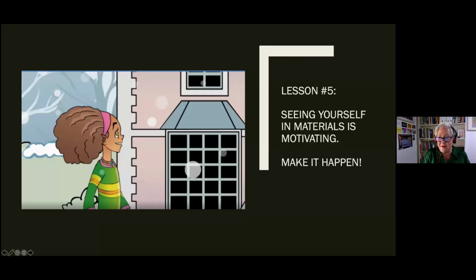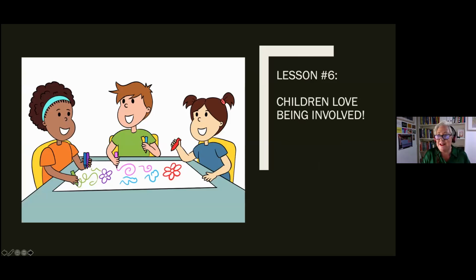Lesson number 6, sorry. So children love being involved, and we know this. Okay, so what do we mean by this? Well, why don't we get the children to help us make materials for the lessons? Because it's extremely motivating.